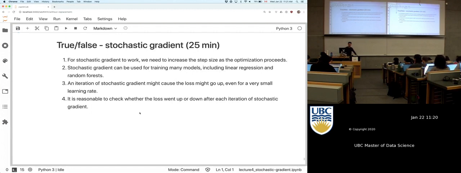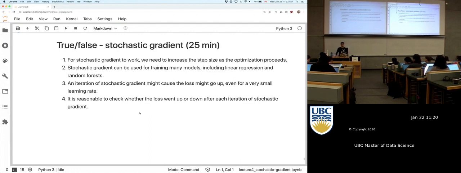Okay, let's do the individual vote. So raise your hand for true, don't raise your hand for false. Number 1, for stochastic gradient to work, we need to increase the step size as the optimization proceeds. Number 2, stochastic gradient can be used for training many models, including linear regression and random forests.